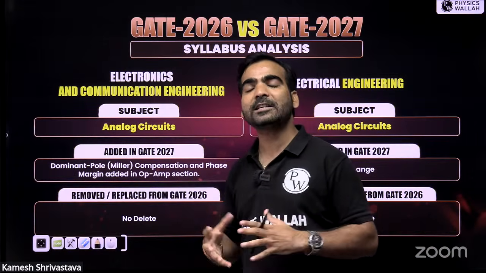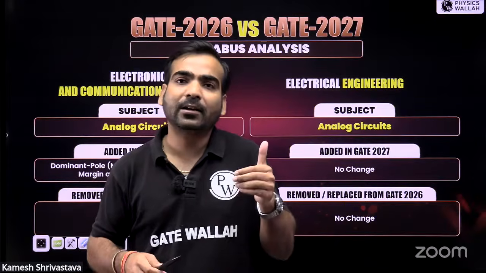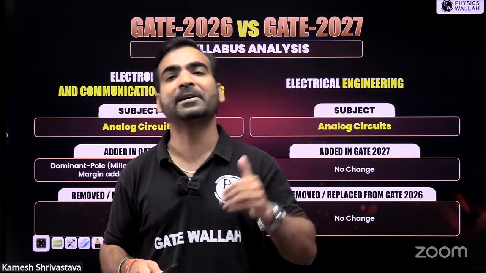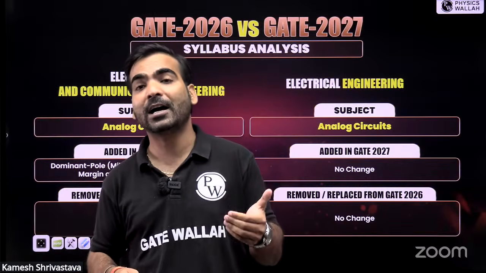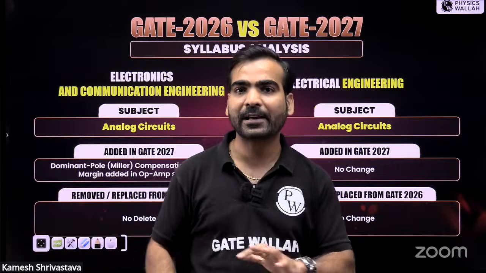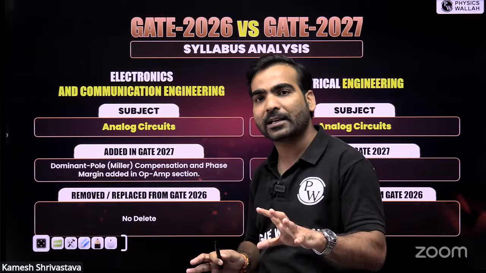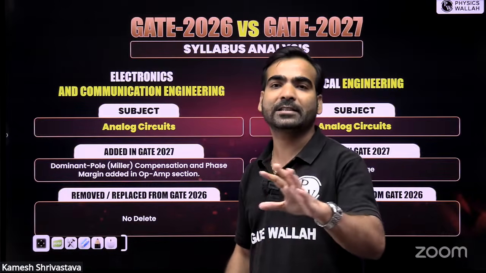So in the frequency response, now you have to discuss one extra thing, that is phase margin. We have to think about the stability analysis of the amplifier, or specifically it is mentioned in the OPAMP. So for a basic OPAMP circuit or simple OPAMP circuit, we have to think about the stability and phase margin.